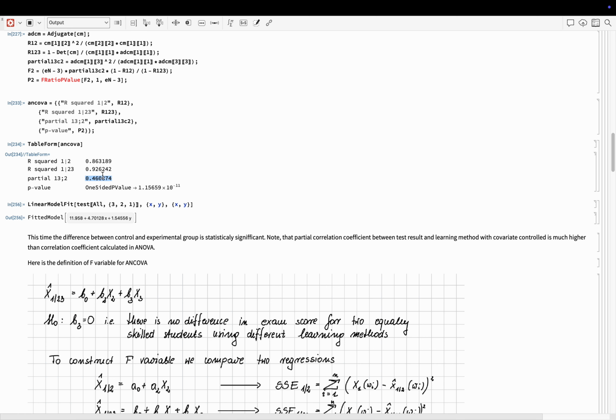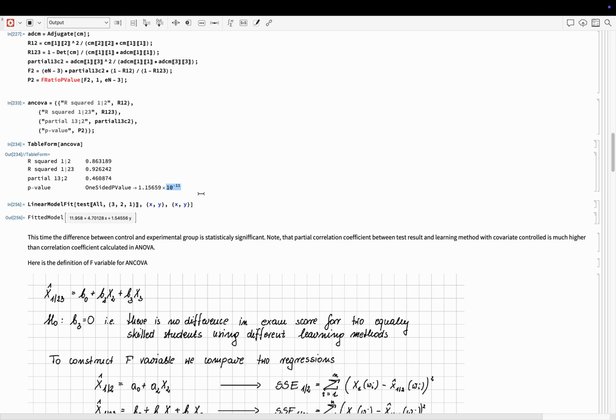So it is also significantly larger than the appropriate coefficient in the case when we didn't control the covariate, and we calculate the p-value, which in this case is very small, 10 to the power of minus 11.